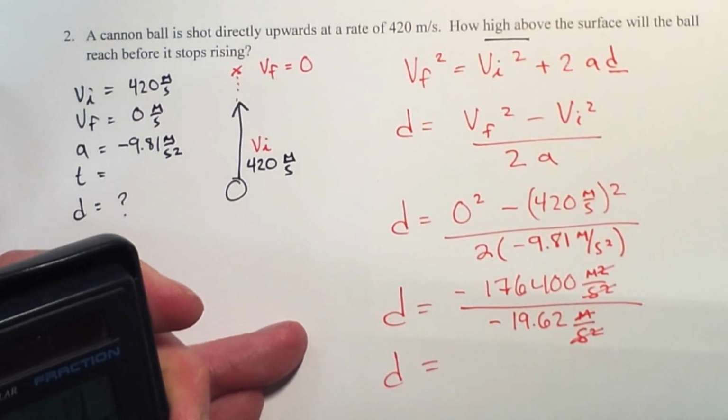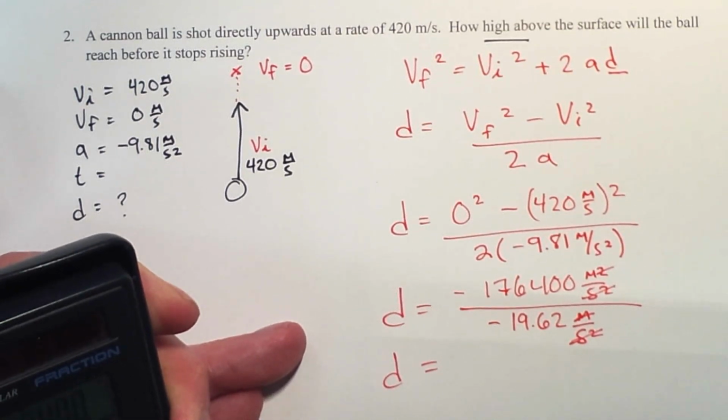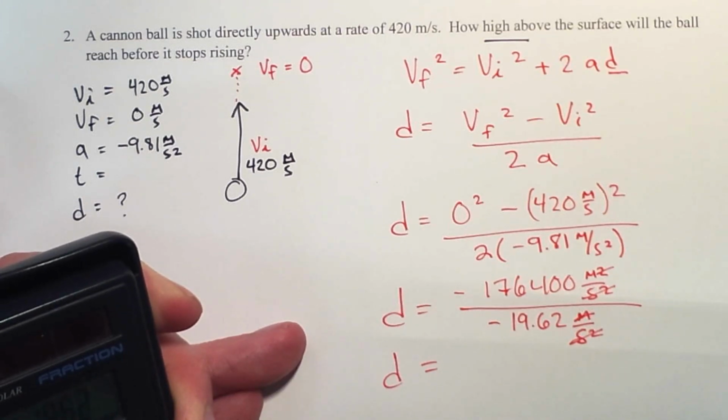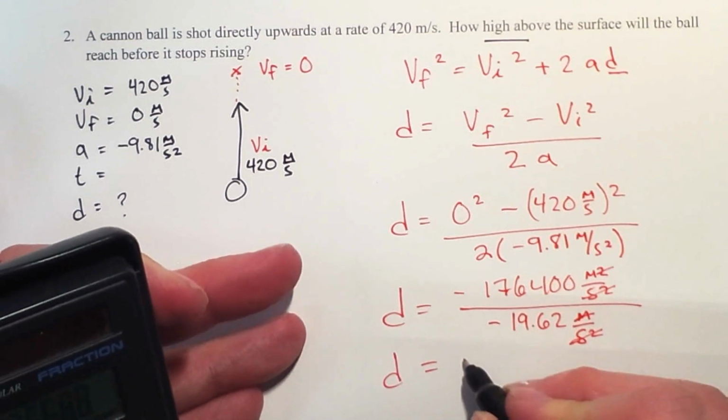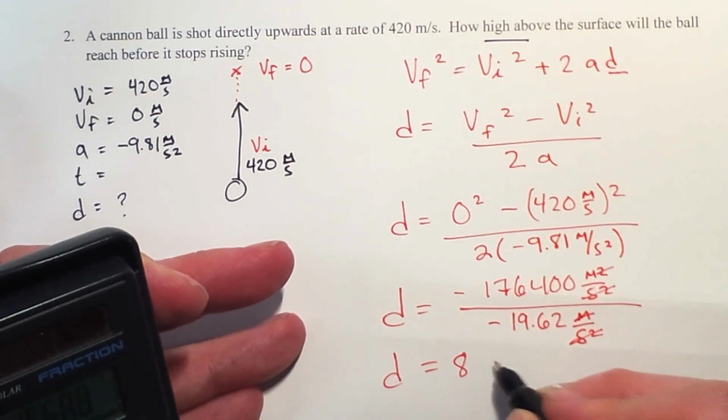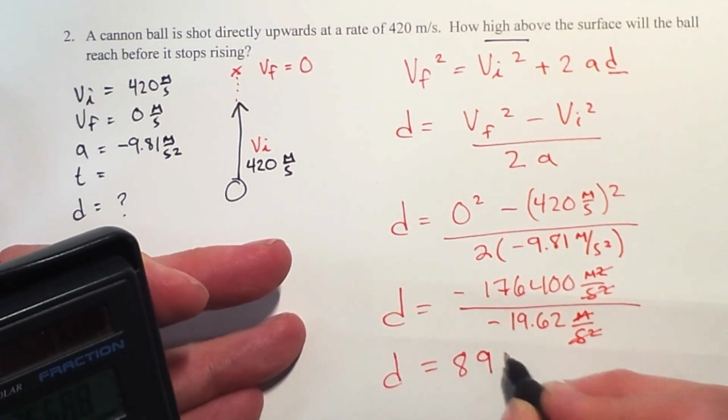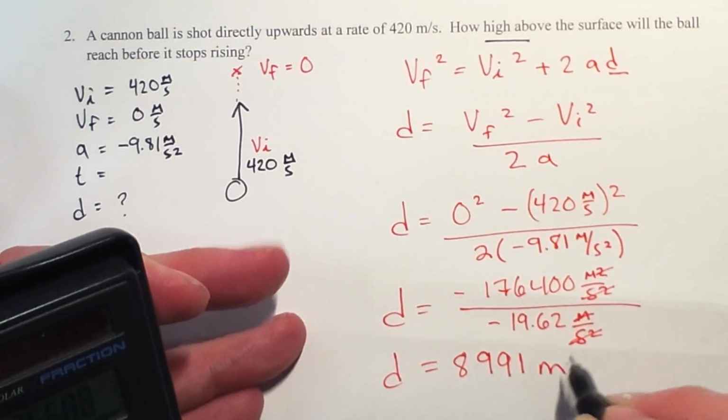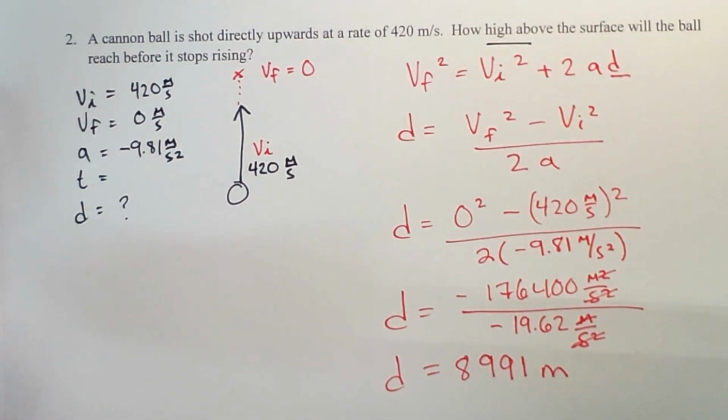Distance is equal to 176,400 divided by 19.62. 8,991 meters. Let's double check that work.